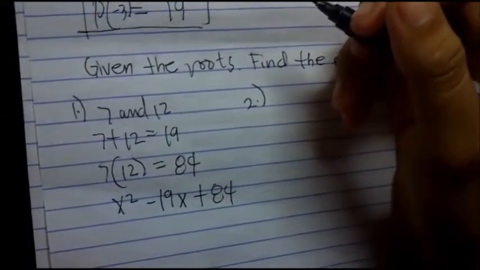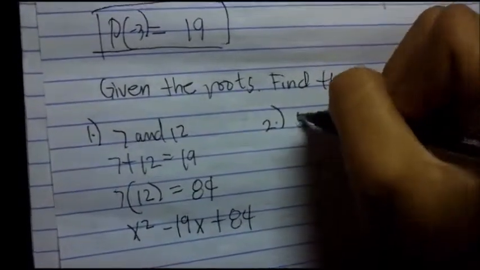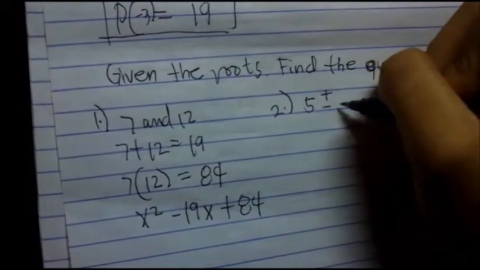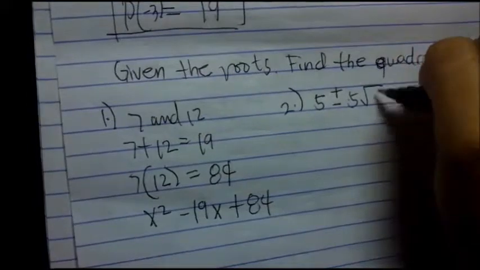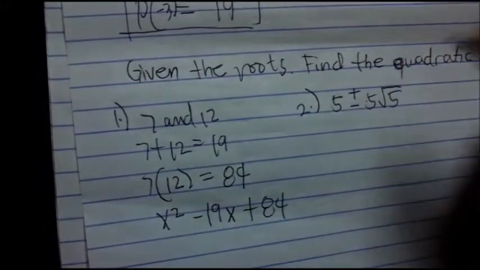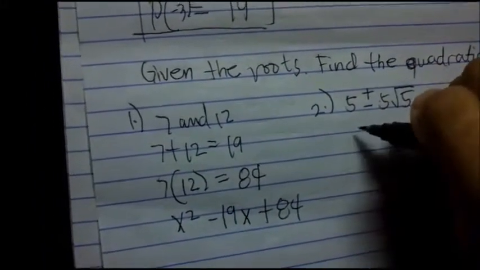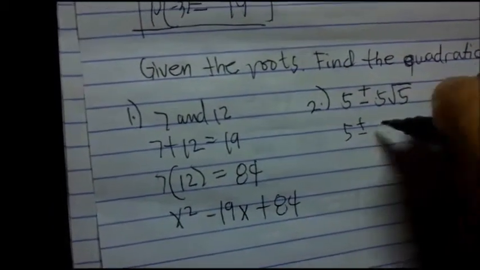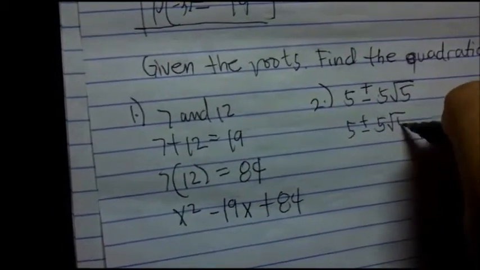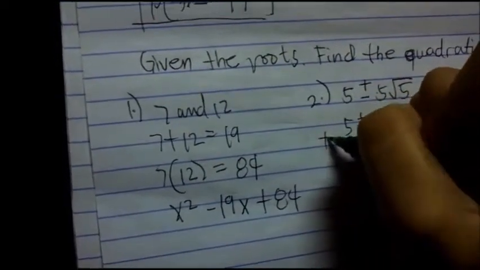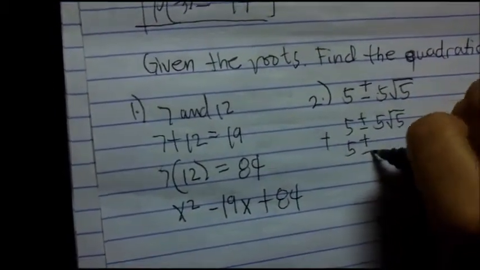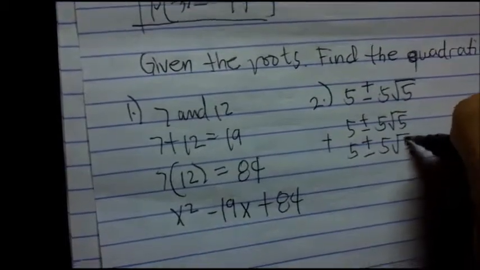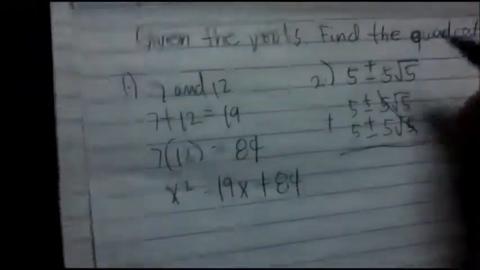Our second example is 5 positive negative 5 square root of 5. So to find the sum, 5 plus 5 square root of 5 plus 5 minus 5 square root of 5. So cancel.